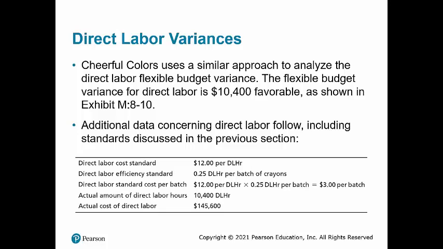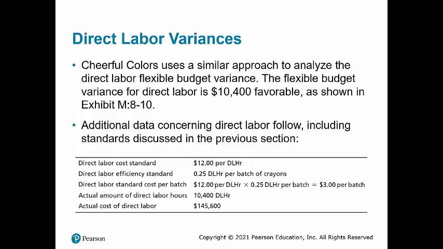The direct labor efficiency standard is 0.25 direct labor hours per batch of crayons. The direct labor standard cost per batch would be equal to the $12 per direct labor hour times the 0.25 direct labor hour per batch, or $3 of direct labor cost per batch.